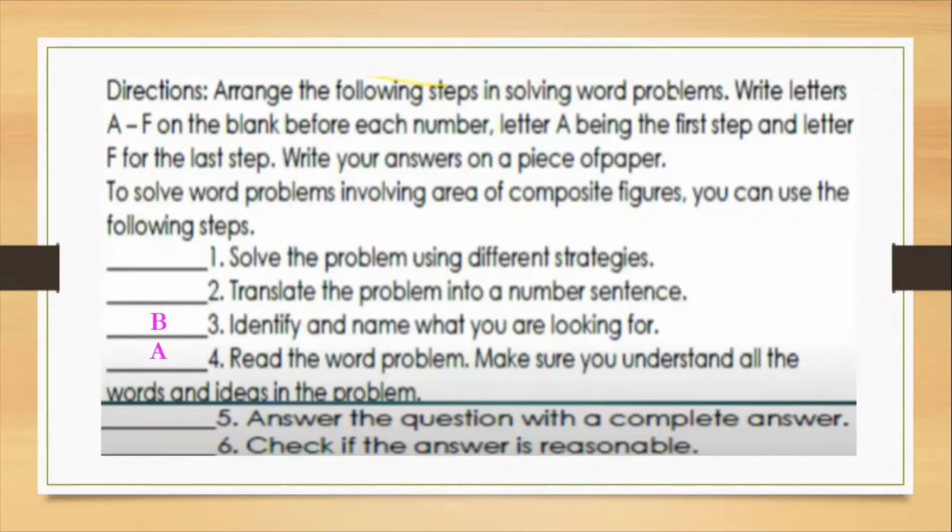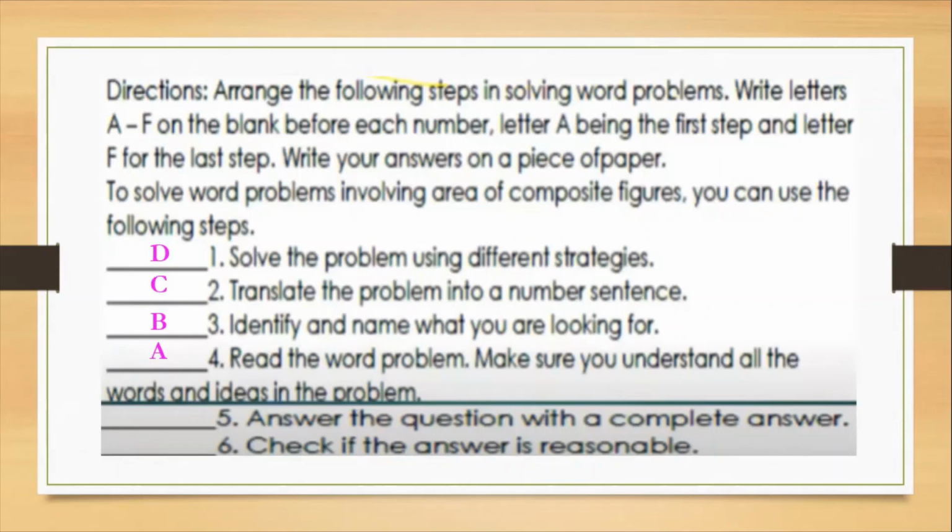Next, after we identify what is asked in the problem, the next step is to translate the problem into a number sentence. And then after we translate it into a number sentence, that's the time that we solve the problem using different strategies. It depends upon you which area you are going to solve first.